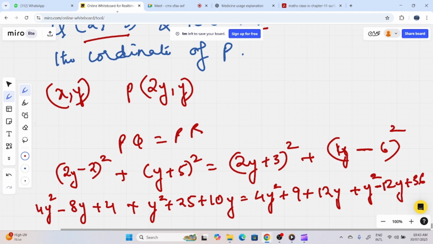Yes, ma'am. Wait, then I will check. My God, so much is there. Y square. No, I found the mistake. Okay. 4y square. 4y square. Yeah, 12y minus 12y.